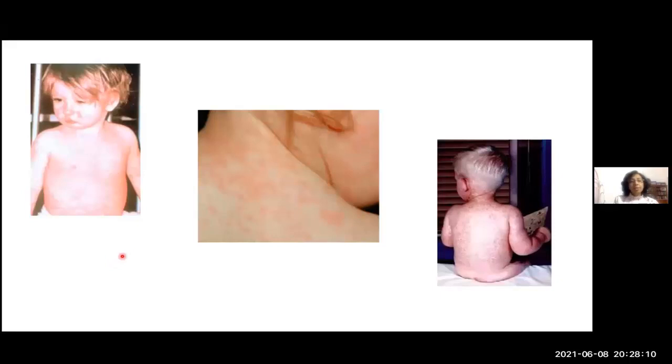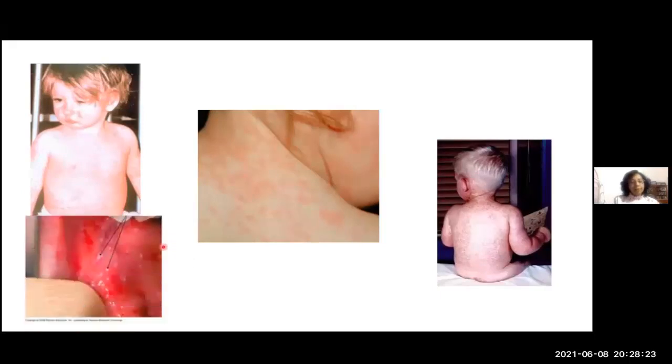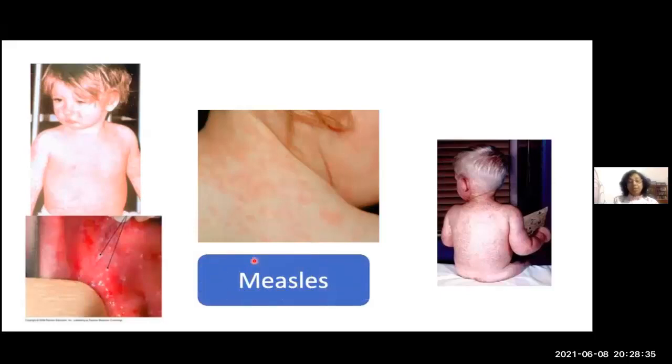And mother says the rash started behind the neck area and spread downwards. So this is a maculopapular eruption. And when you examine the mouth, you see these white spots in the oral mucosa. Now it's easy. So what is the diagnosis? It's an infant with measles.